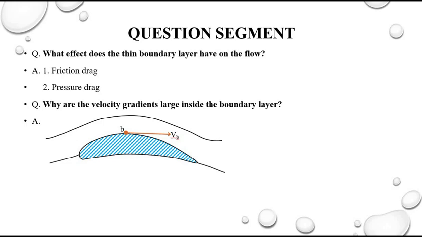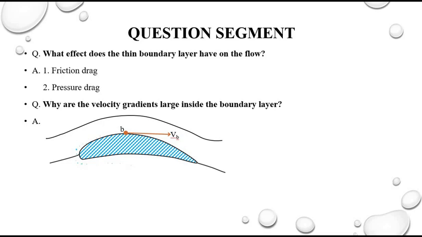In the previous video, we saw that the boundary layer is a very thin layer of viscous flow around the airfoil. When this layer is so thin, what kind of effect must it be having on the flow, and why should we give so much importance to this?